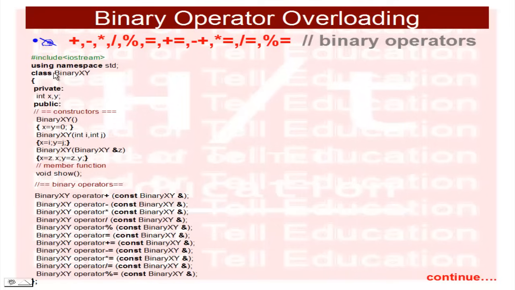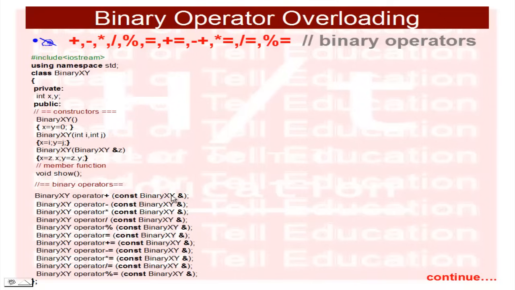Okay, but our class name this time is binary xy, with private object xy, public constructors with 0 arguments and 2 arguments, and a copy constructor I have created here. Okay, for binary objects. Now I show all the binary operator signatures. So the return type is binary xy, operator name first plus, here I am passing const binary xy reference.